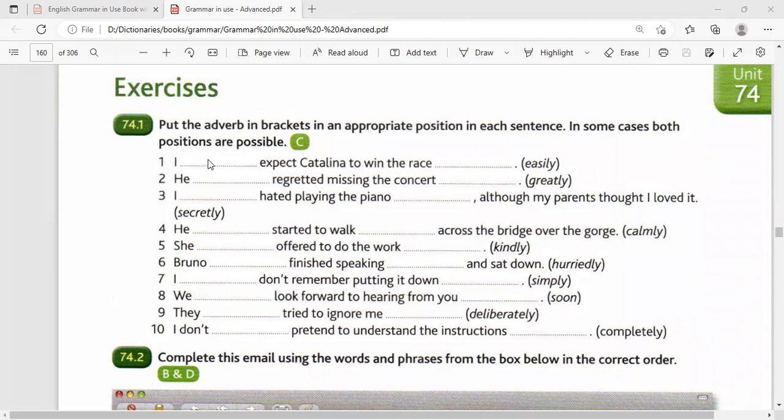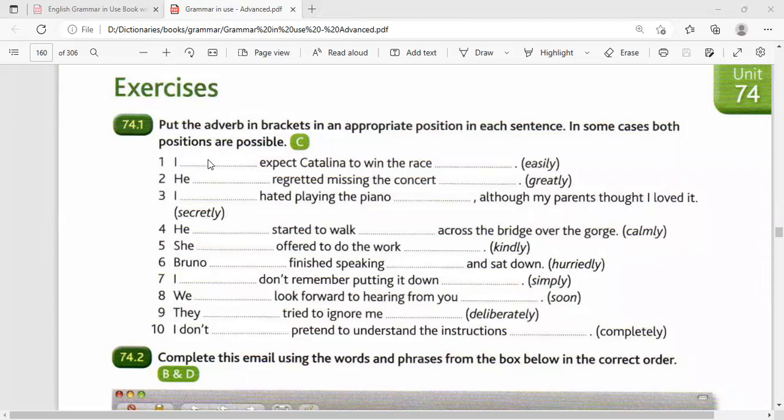He greatly regretted missing the concert. Okay, so here you can say he greatly regretted missing the concert, or he regretted missing the concert greatly. So both of them are correct.